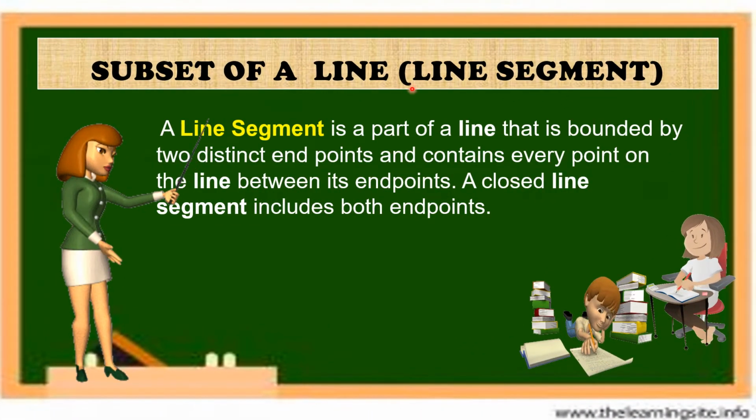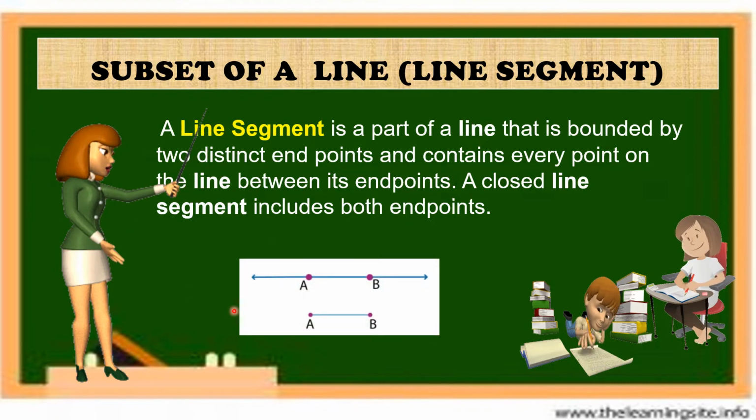Subset of a line: line segment. A line segment is part of the line that is bounded by two distinct endpoints and contains every point on the line between its endpoints. A closed line segment includes both endpoints. So we have line AB here.